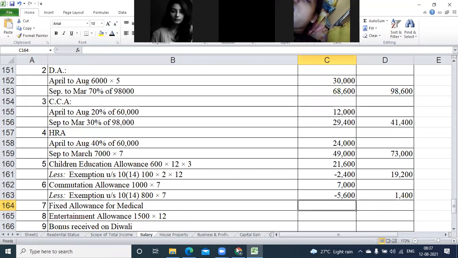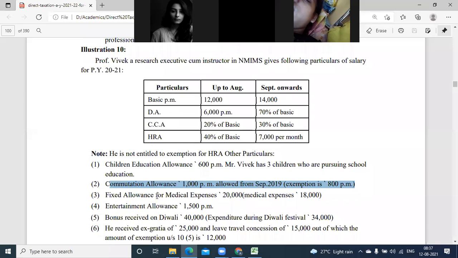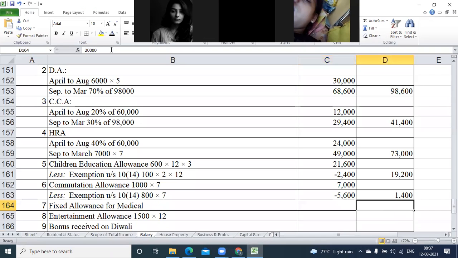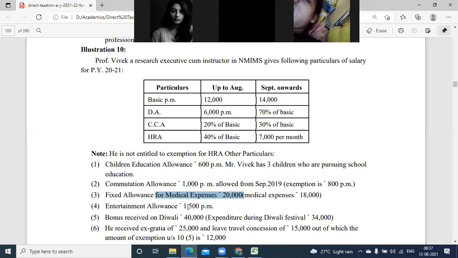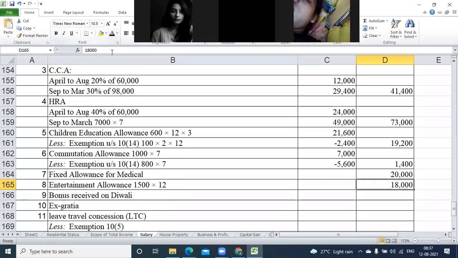Medical allowance. It's given. How much? 20,000. Entirely taxable. Entertainment allowance. How much is it given? 18,000. Yes, 1,500 per month. For 12 months, it will be 18,000. Very correct answer.